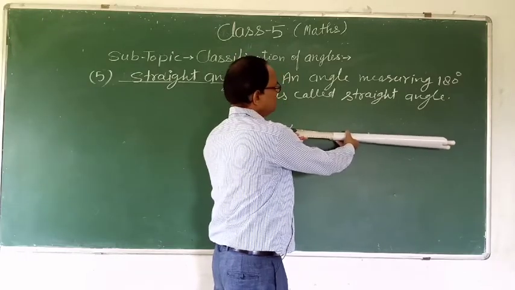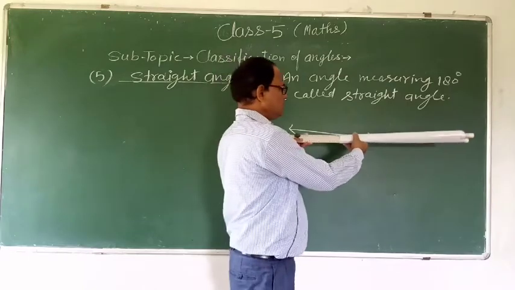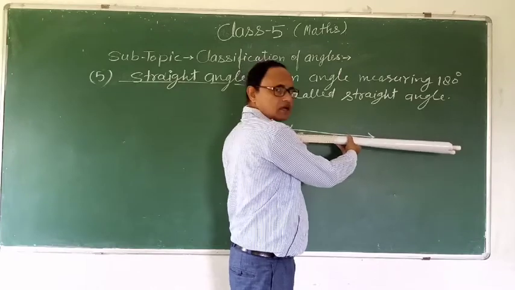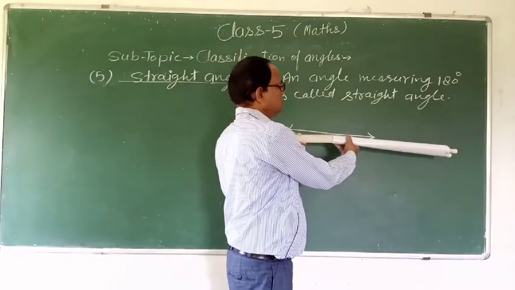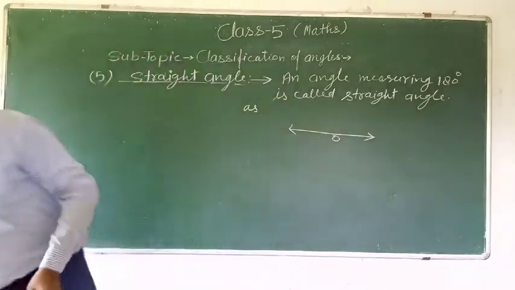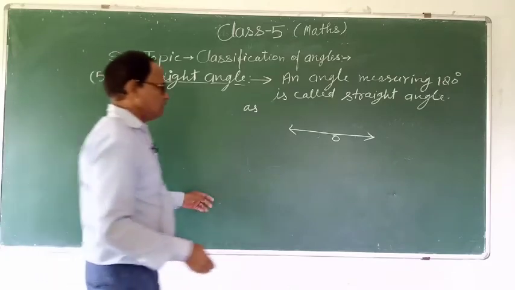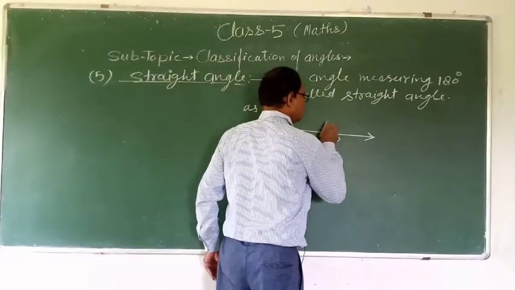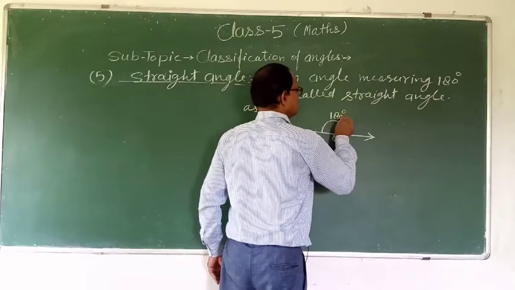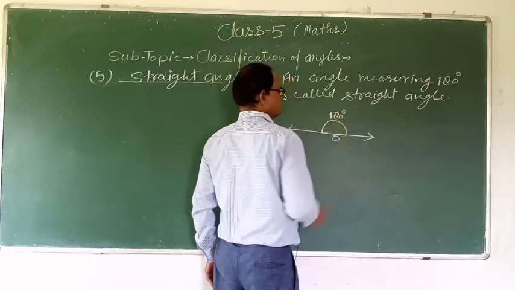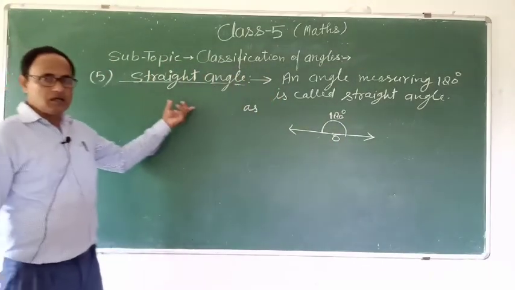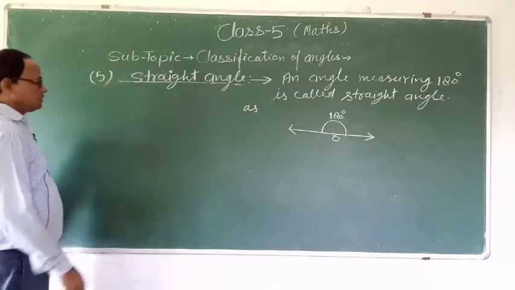When two rays join in a straight line, that point makes a 180 degree angle. So, okay students, this angle is known as a straight angle, a 180 degree angle.